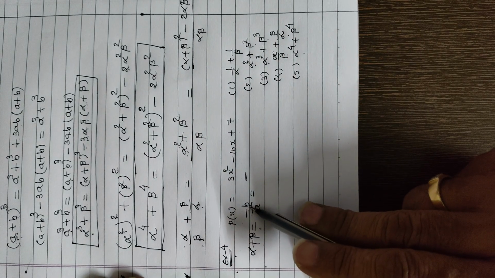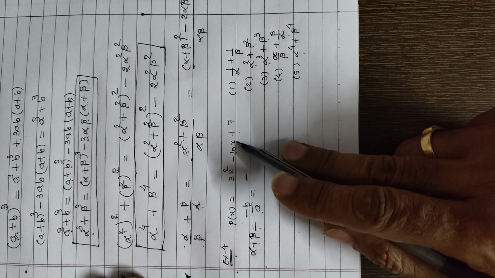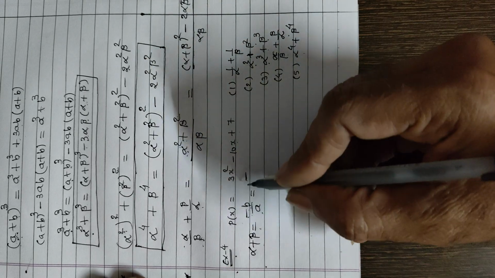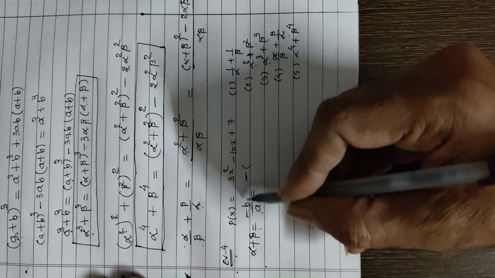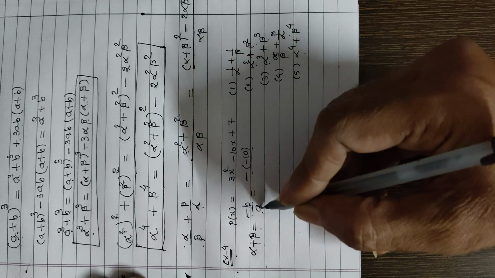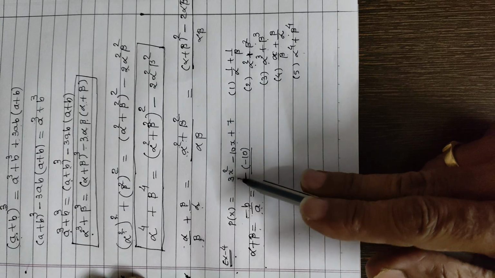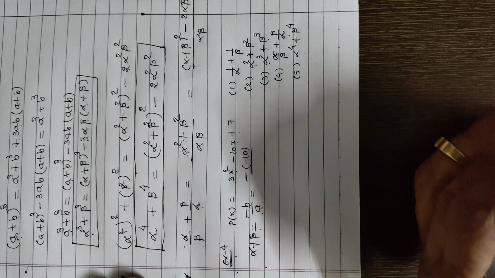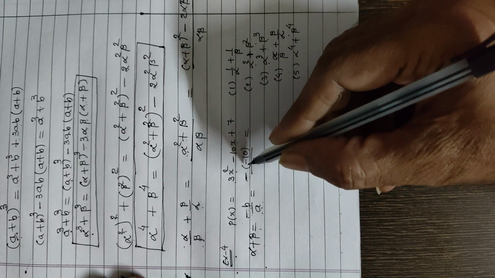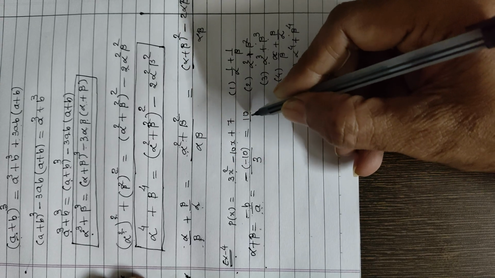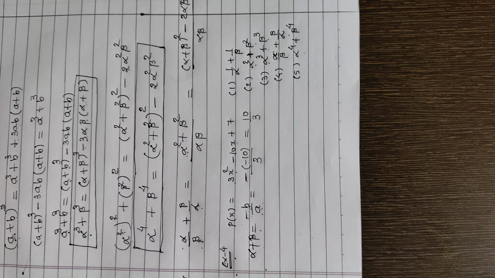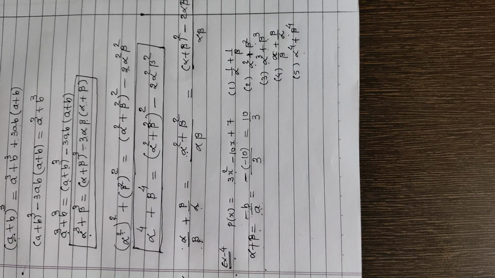Here the x coefficient is minus 10, so b is equal to minus 10. A is the coefficient of x square, so a is 3. So minus minus plus. So this is the value of alpha plus beta.